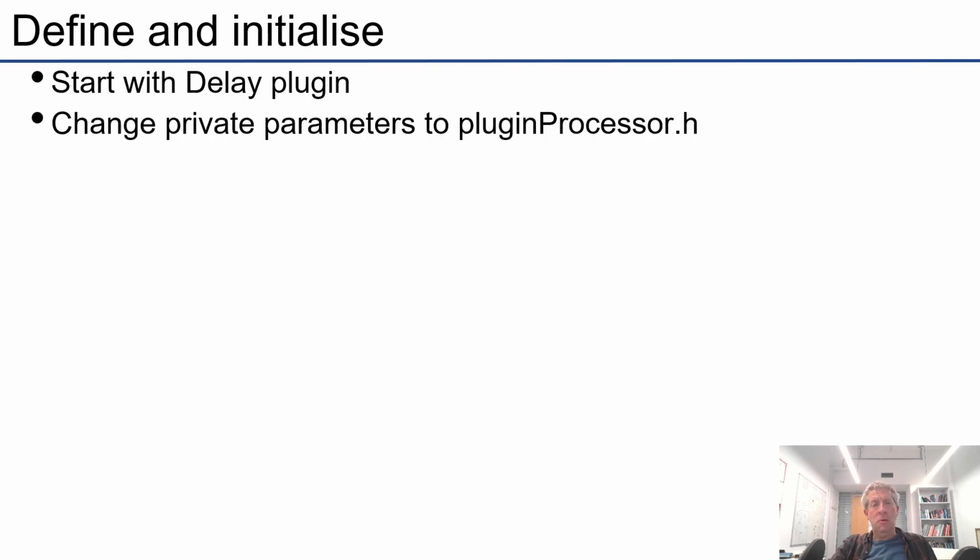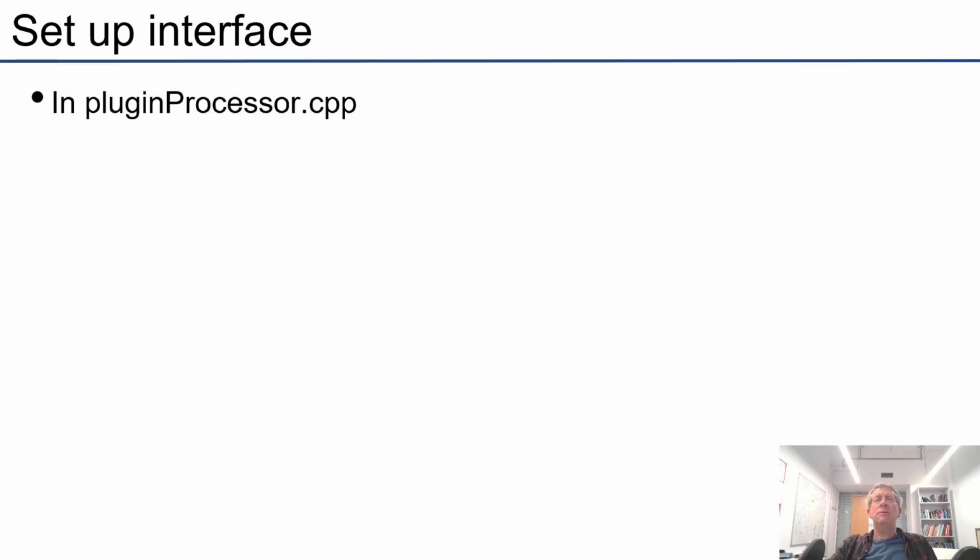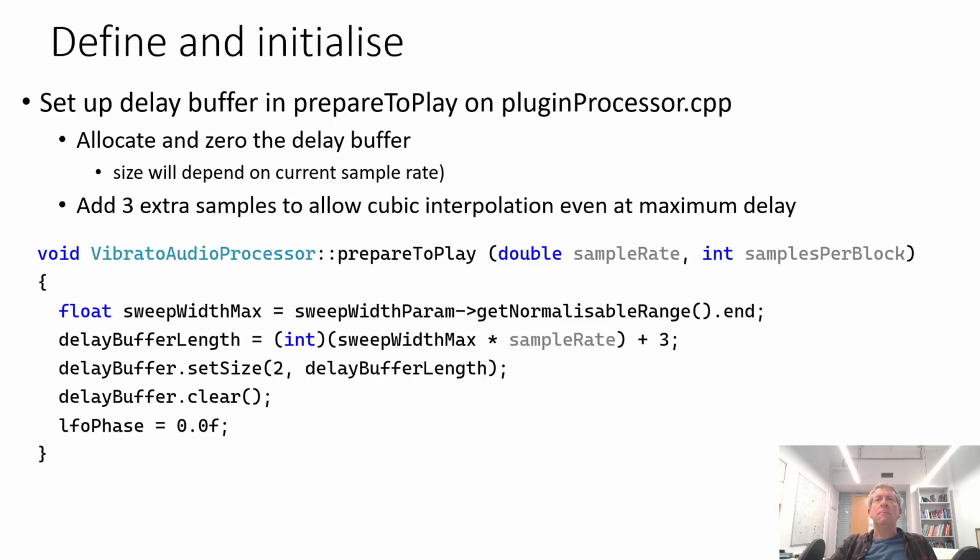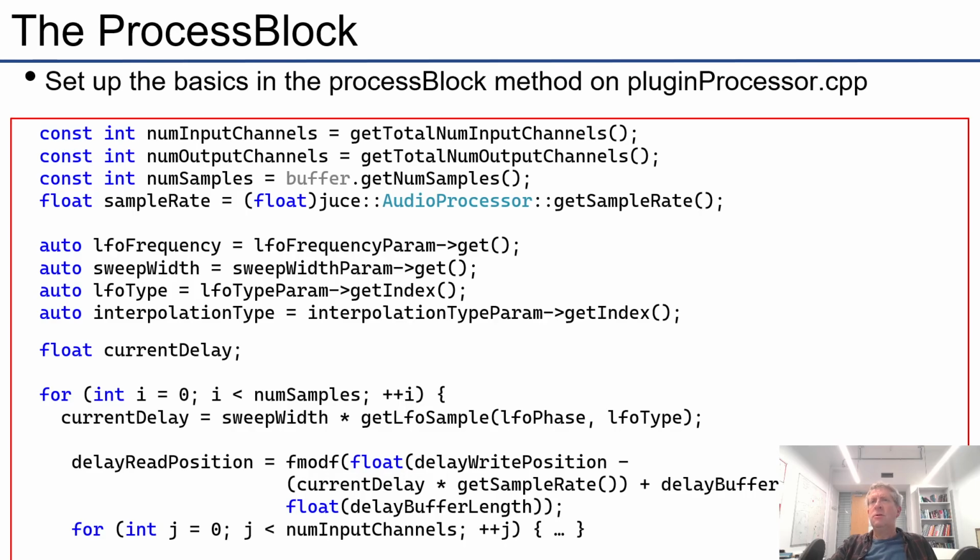Okay, so we start with the delay plugin, we change the private parameters, and then we set up the interface. I'm going to jump ahead a little bit to have a look at what goes on in the process block.